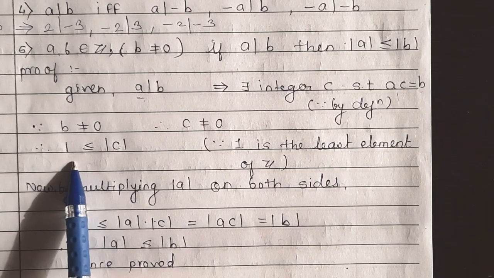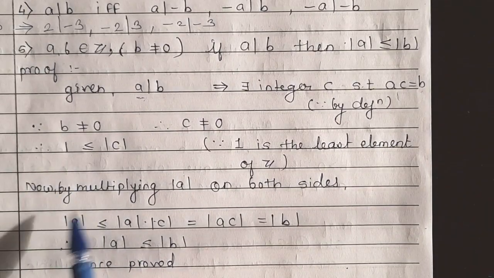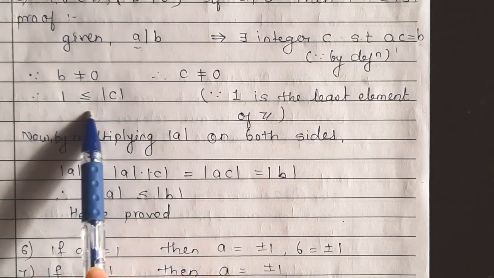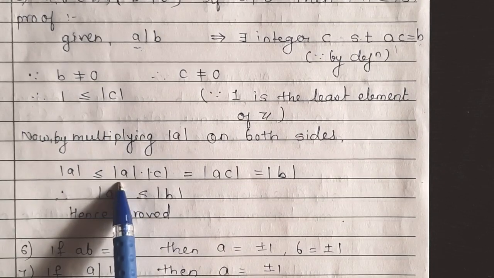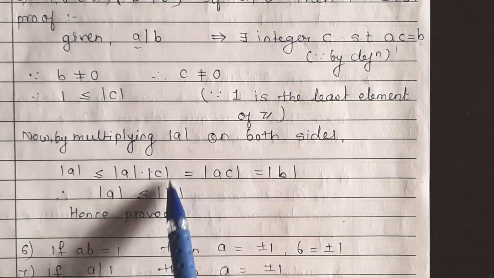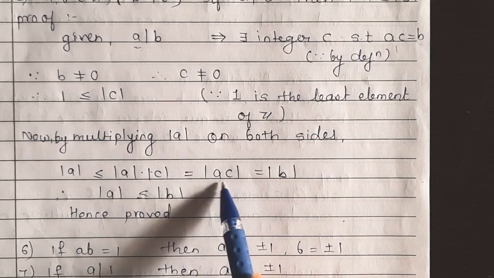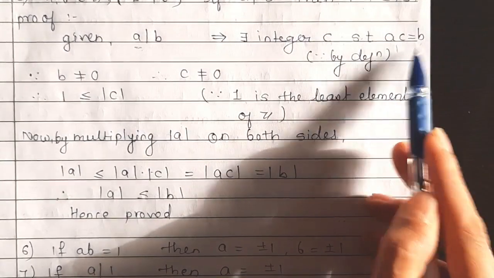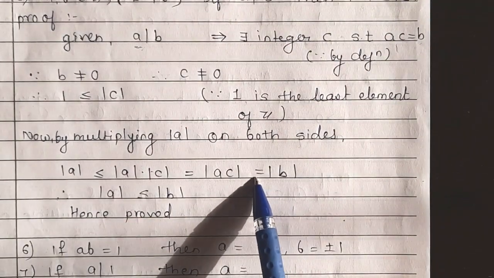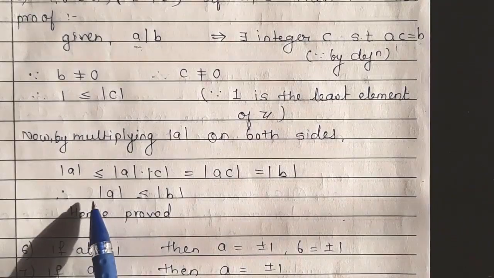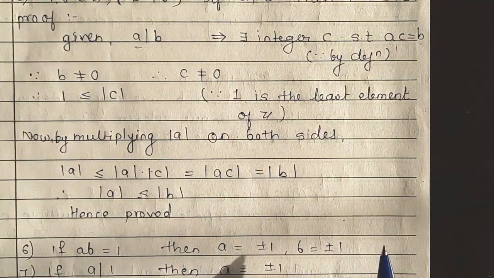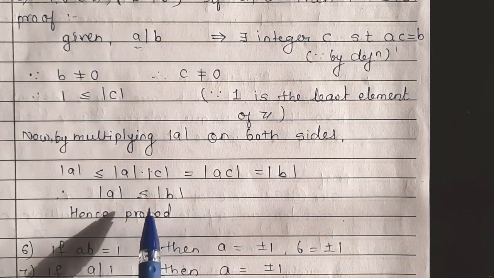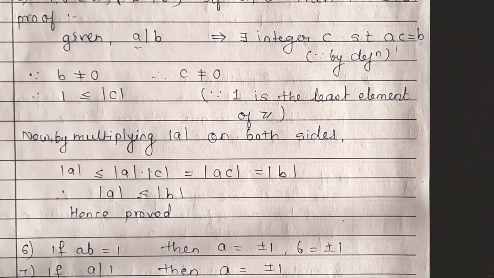Now we multiply by mod of A. What do we get? Mod of A is less than or equal to mod of A into mod of C, which is equal to mod of AC, and AC is our B. So we write mod of B, and the result we get is mod of A is less than or equal to mod of B. Hence we proved it.